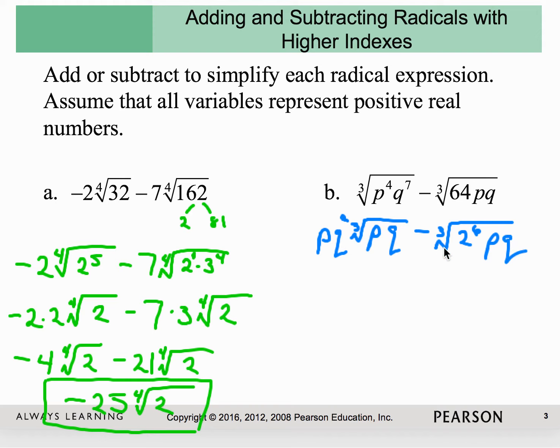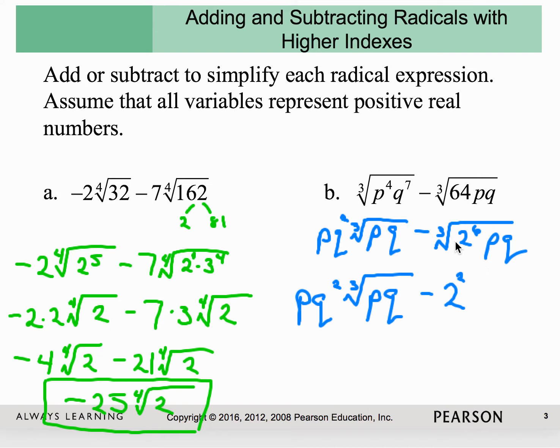Okay, now this thing I'm still in the process of simplifying. So I've got PQ squared, cube root of PQ. 3 goes into 6 2 times, so I can bring 2 2's out.